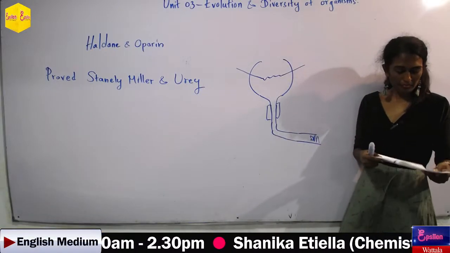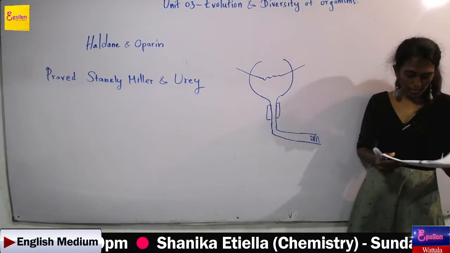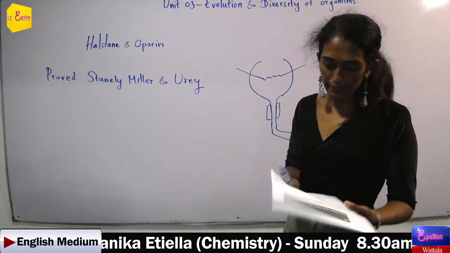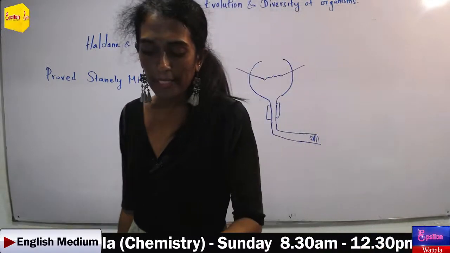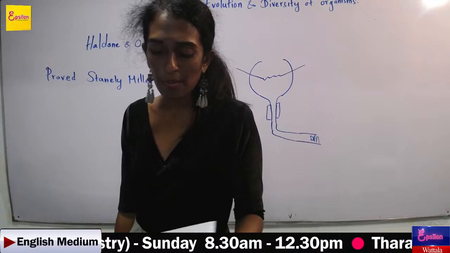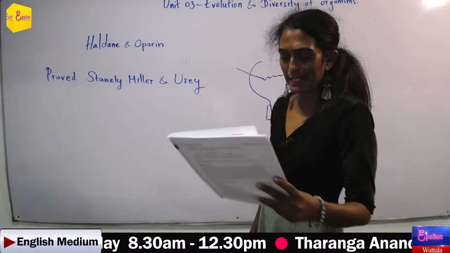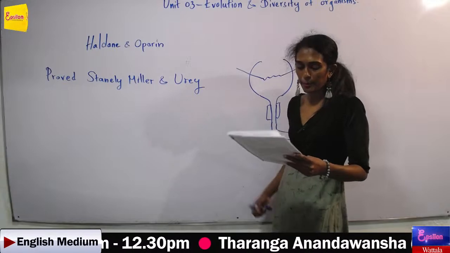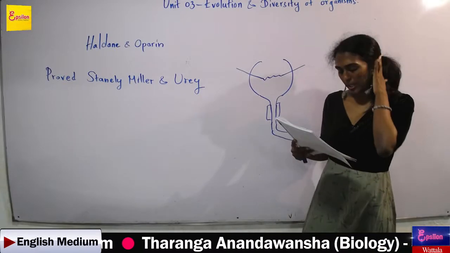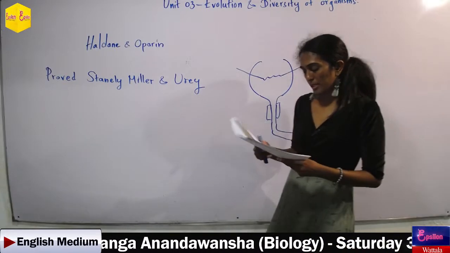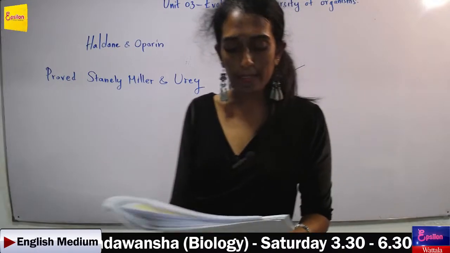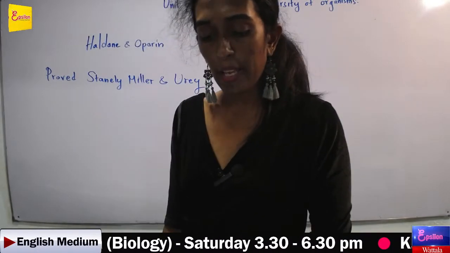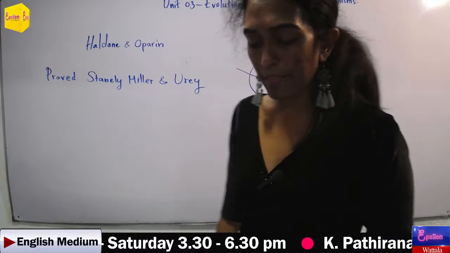Come to page number 72, biochemical evolution section. Direct evidence for life on Earth comes from fossils of microorganisms that are about 3.5 billion years old. Observations and experiments in chemistry, geology, and physics have provided evidence for the appearance of the first living cells.